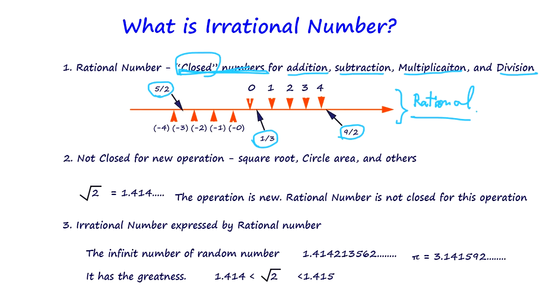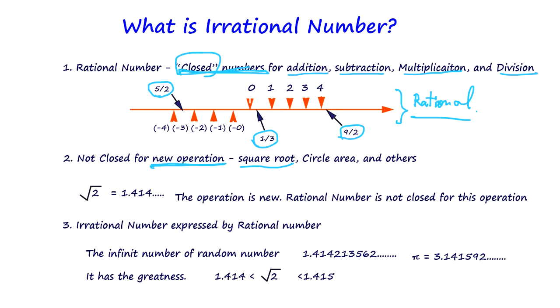Say you define a new operation. It's not addition, it's not subtraction, whatever, square root. What is a square root operation? The square root operation is basically finding the number that, when you multiply it by itself, becomes 2.